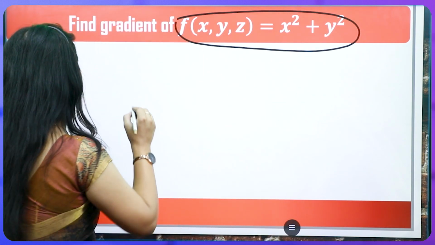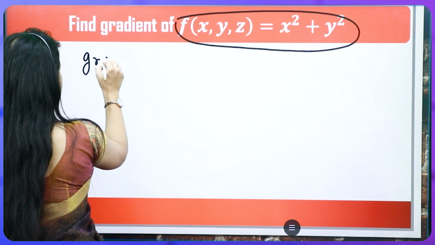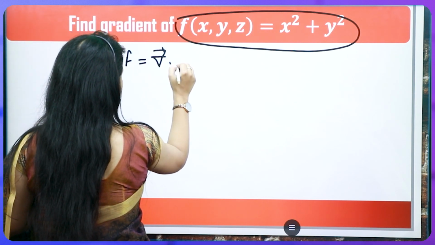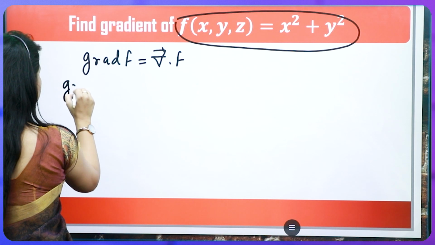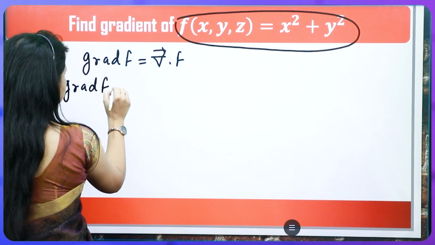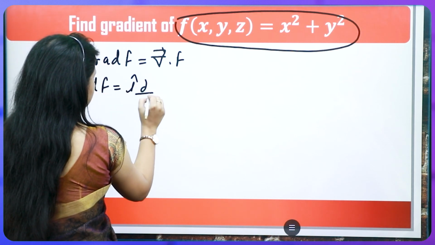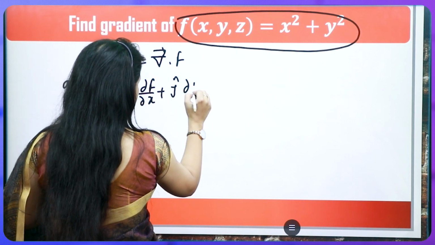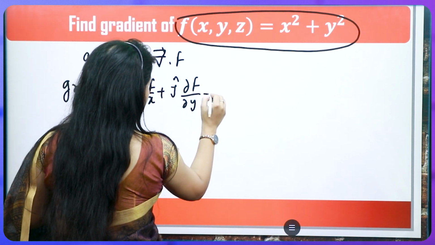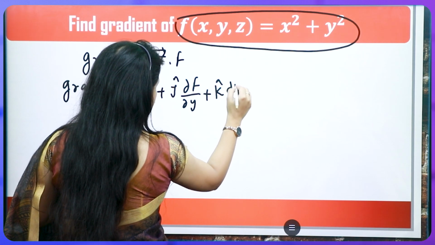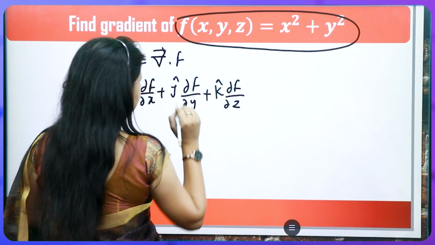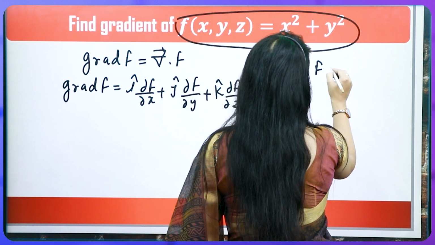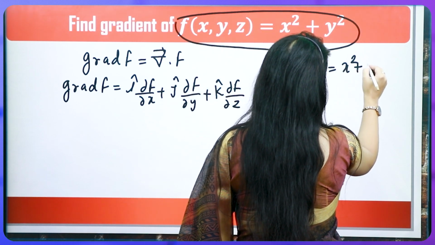We will apply the formula gradient of f is del of f, and this value is i cap del f by del x plus j cap del f by del y plus k cap del f by del z. Now see, the function f is x square plus y square.